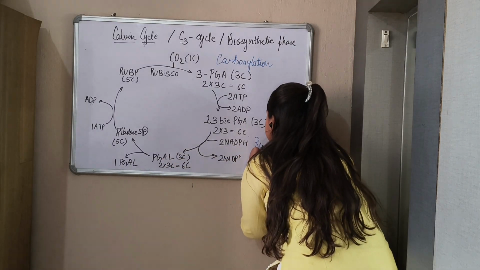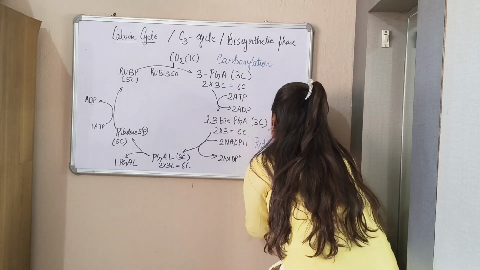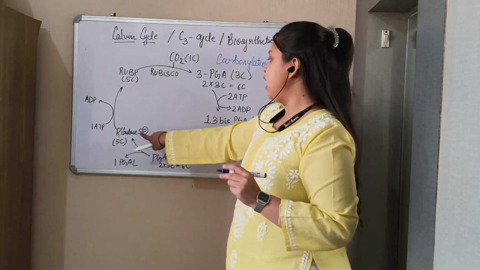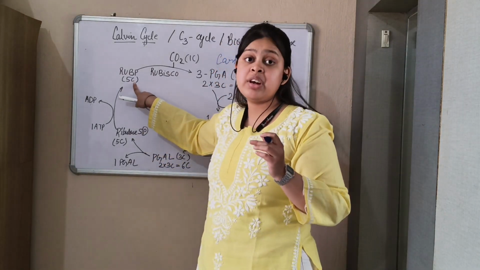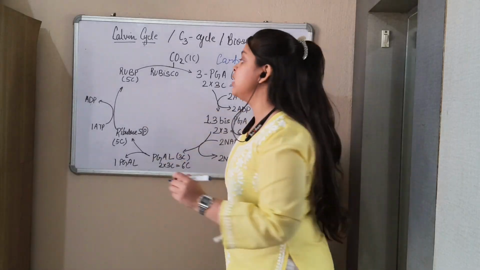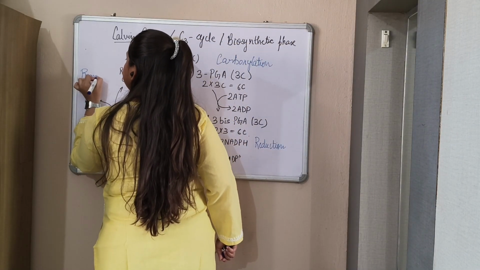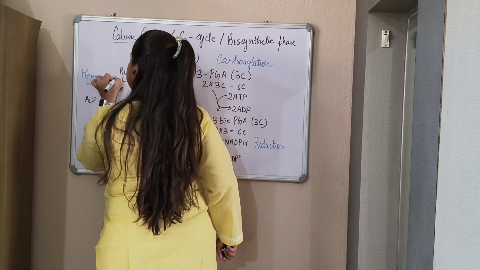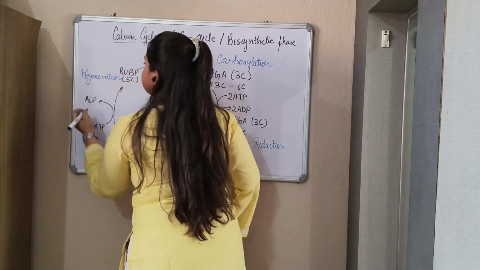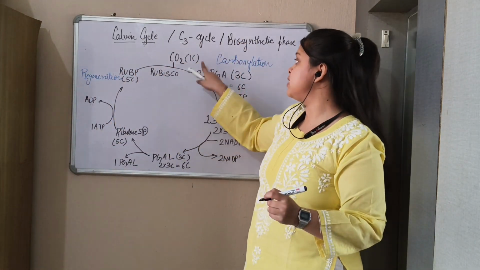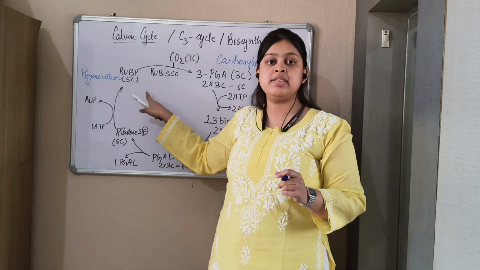This is the reduction phase. And ribulose 5-phosphate regenerates into ribulose bisphosphate. This is the regeneration step. So now we have seen the three phases that take place in the C3 cycle.